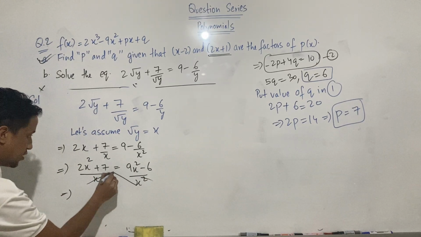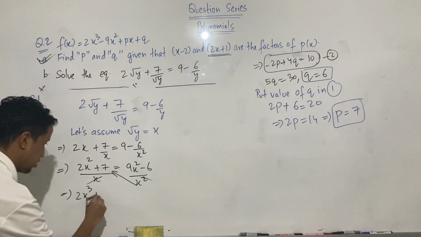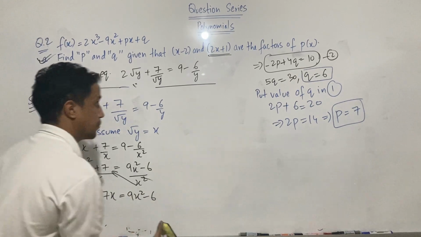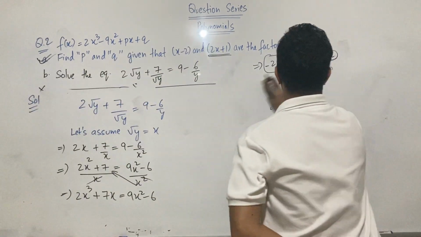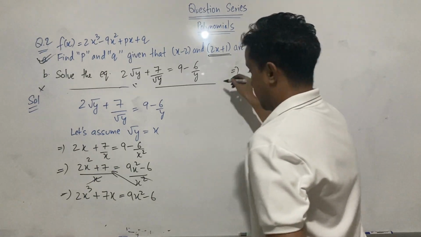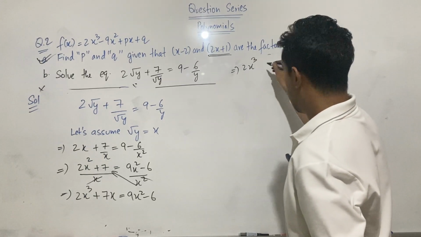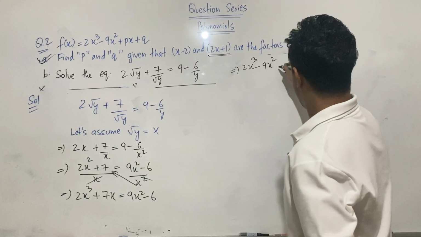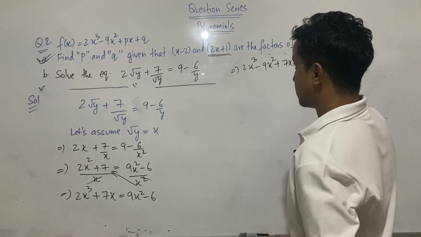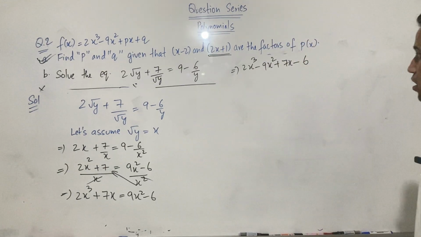If you multiply this x to this side, it will be 2x cubed plus 7x equals 9x squared minus 6. And it can be further simplified to 2x cubed minus 9x squared plus 7x minus 6, right?